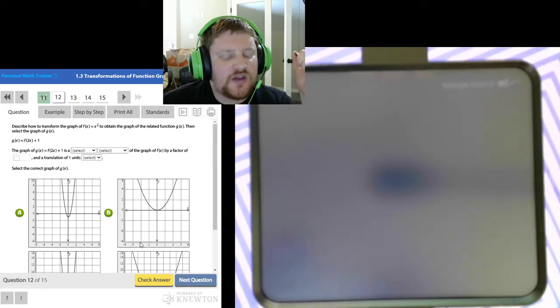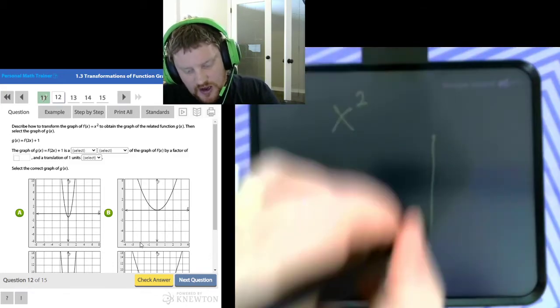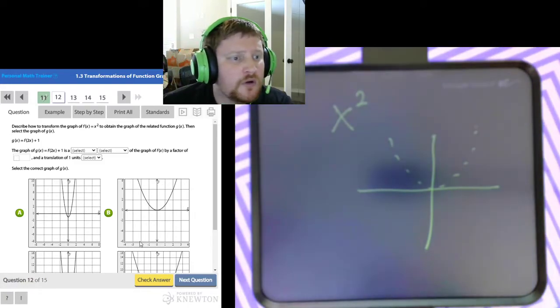Once again, we're starting with x squared, so that's our parent function. That graph. Okay, this time we've got f of 2x plus 1.